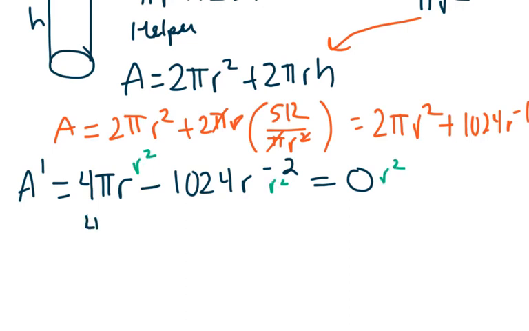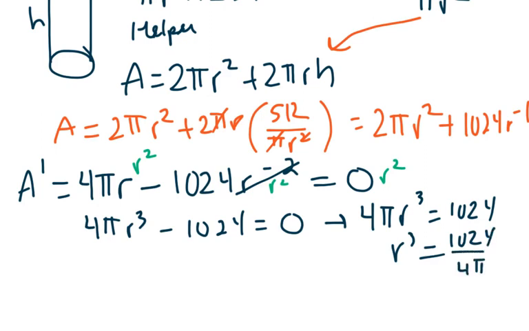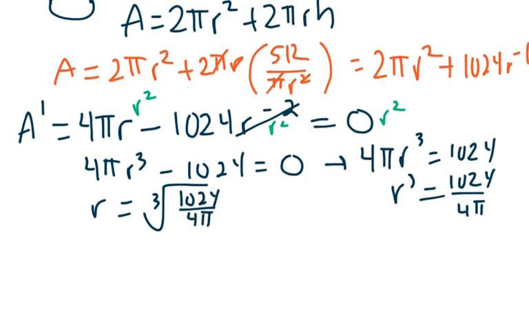So I have 4 pi r cubed minus 1024 equals 0. I'm going to add 1024 to both sides, divide by 4 pi, and then take the cube root. And so I get r is the cube root of 1024 divided by 4 pi.